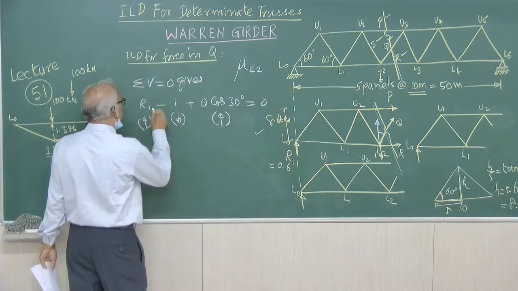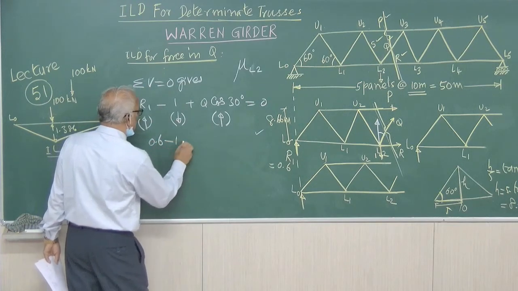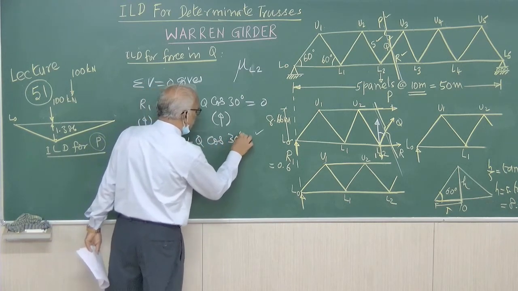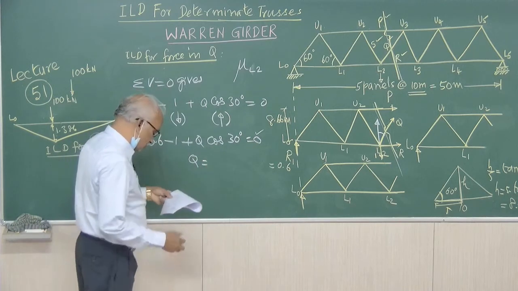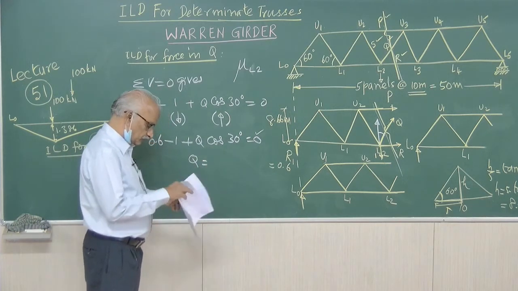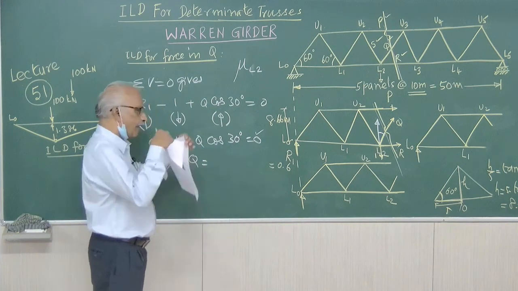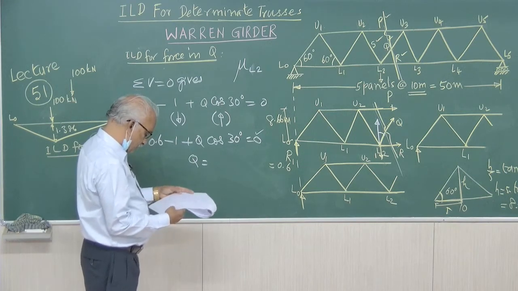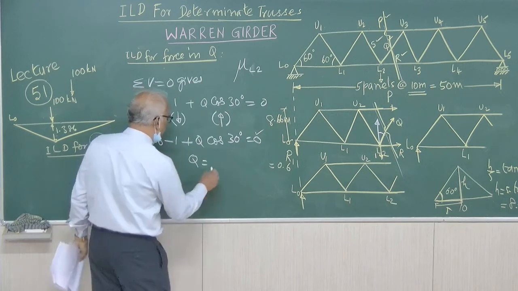So that will give you R1 equal to 0.6, minus 1 plus Q cos 30 degrees equal to 0. That will give you Q equal to 0.462 tension.